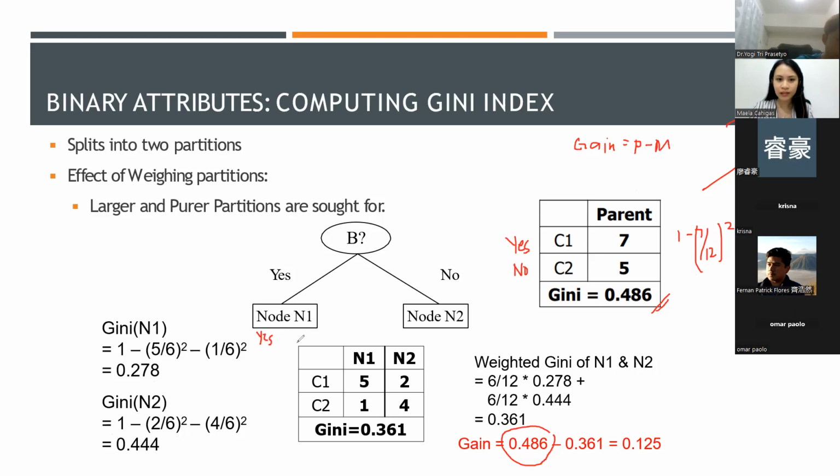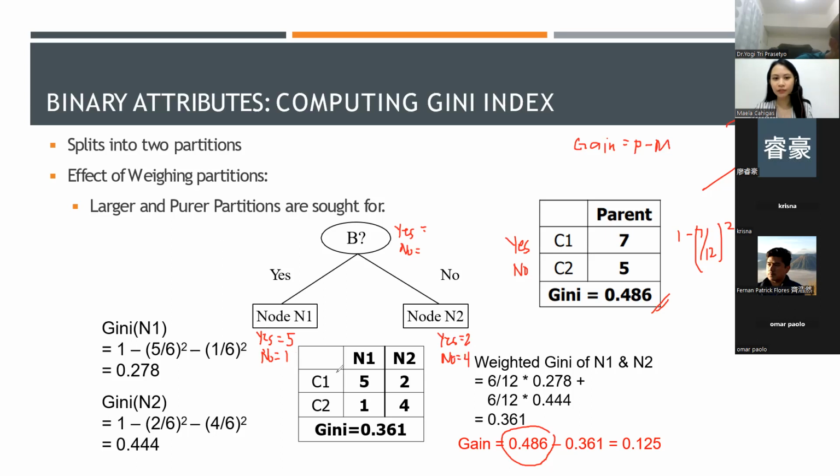If we can still remember, aside from having yes and no here for the play golf, you also have another yes and no for each node. For example, for your first node, N1, you have yes of 5, no of 1. And for N2, we have yes of 2, and then 4 no's.